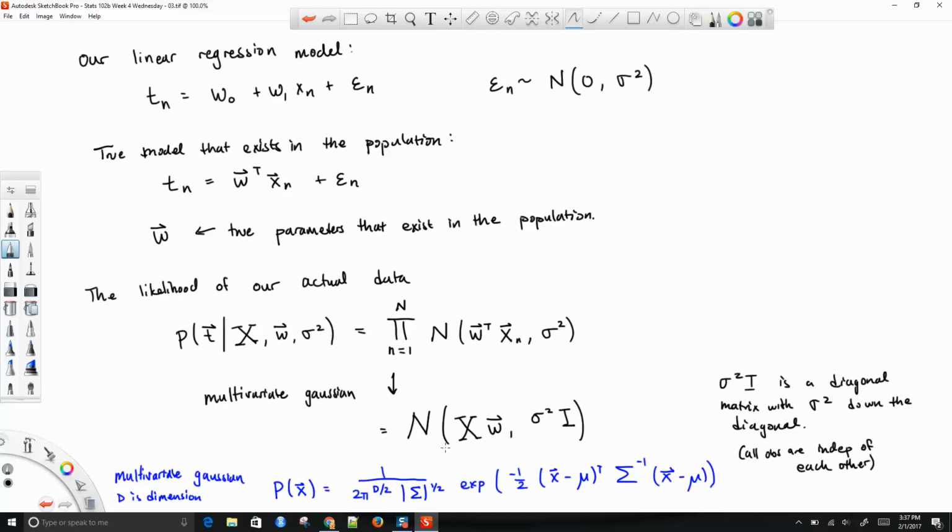Oh wait, no, this is the norm of the matrix. So it's a magnitude thing. Oh, you're catching me off guard here. I'm a little bit rusty on this, so I'm sorry.